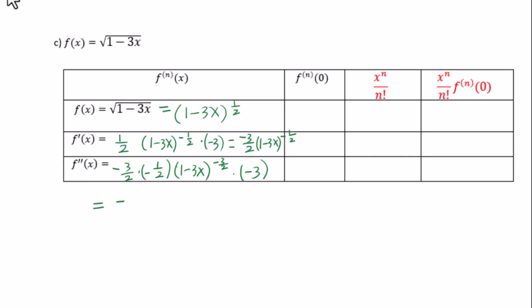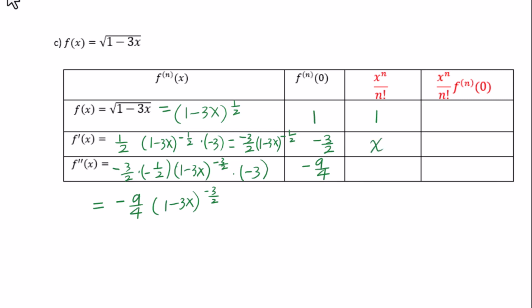Organize: negative 9 over 4 times (1 minus 3x) to the negative 3 over 2 power. So we have 1, negative 3 over 2, negative 9 over 4.